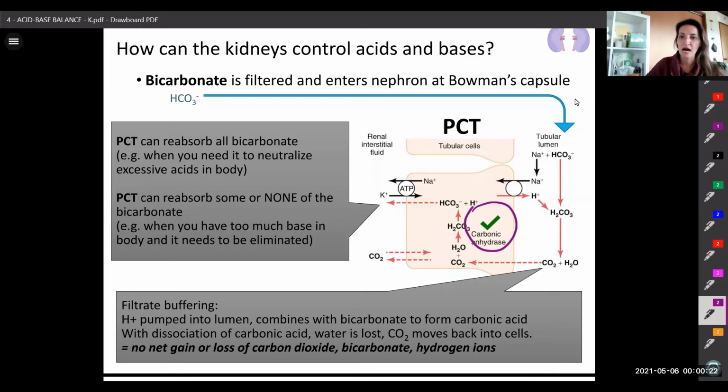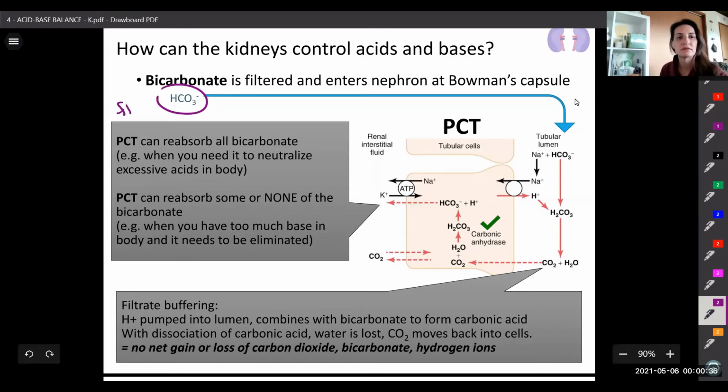Do we have a high activity level for carbonic anhydrase, very low level for CA, or something intermediate? That will determine how much of that filtered bicarbonate can be reclaimed. And the filtered bicarbonate that is not reclaimed will be excreted in the urine.